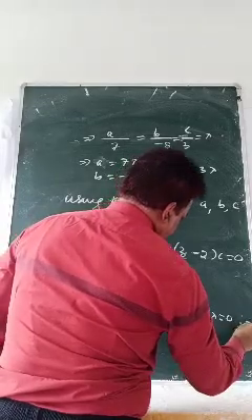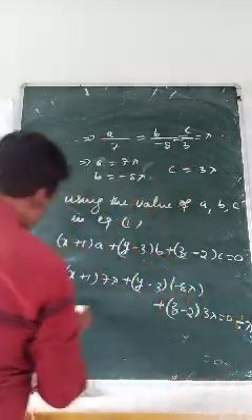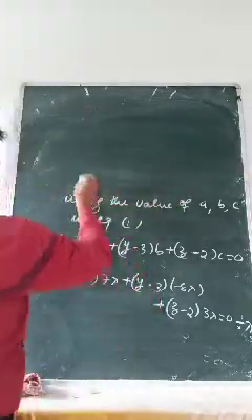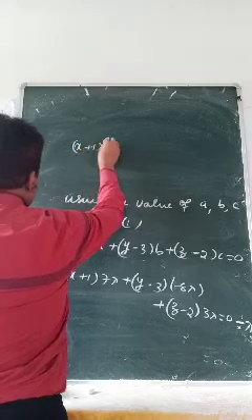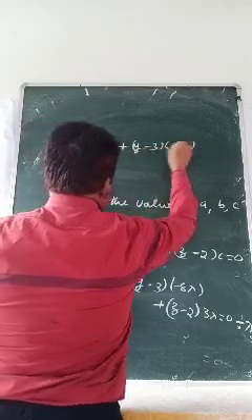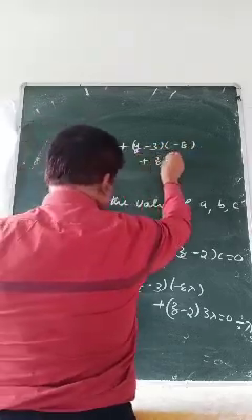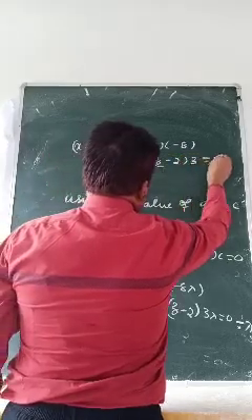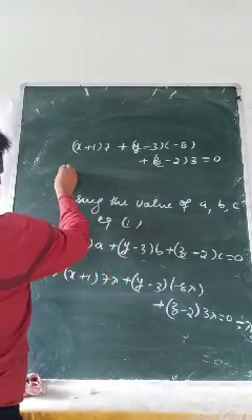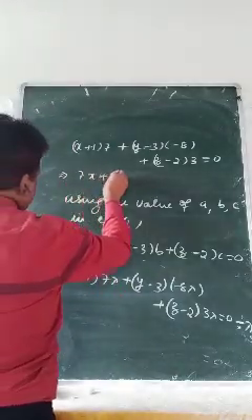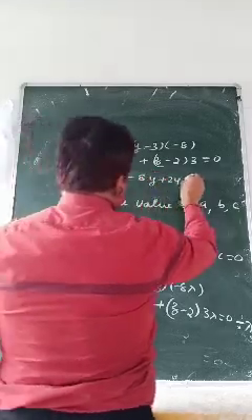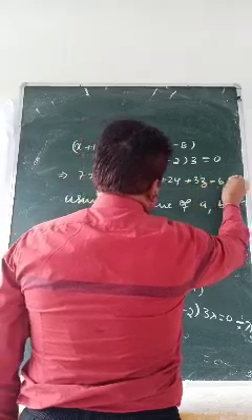So divide by lambda, what do you get? You get x plus 1 into 7, y minus 3 minus 8, z minus 2 into 3 equals 0. So find out what will you get? 7x plus 7 minus 8y plus 24 plus 3z minus 6 equals 0.